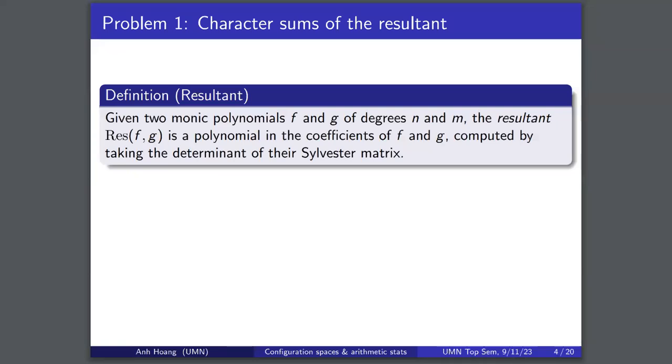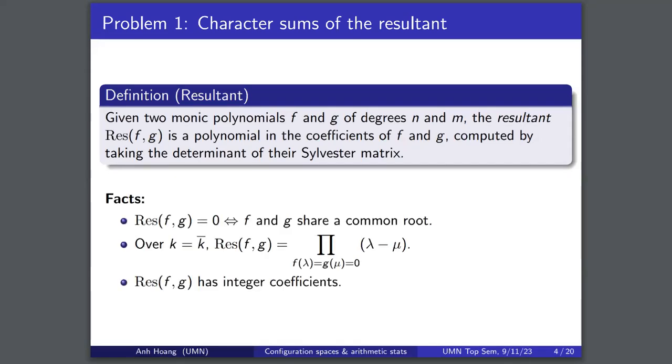I'm not going to write that matrix out, but it basically has all the coefficients of f and g in it. The most amazing thing about the resultant, its defining property, is that the resultant is zero whenever f and g share a common root. And this is really the first application of the resultant.